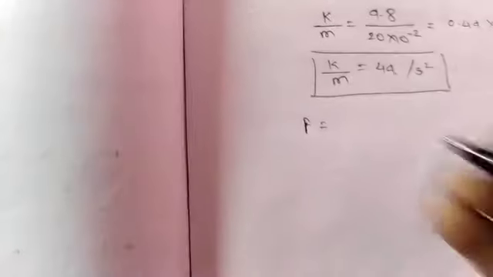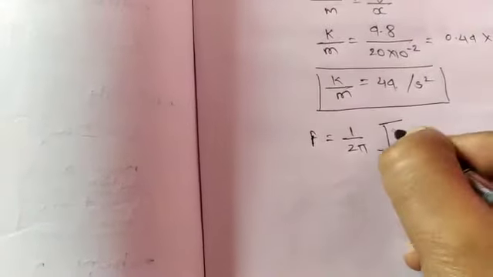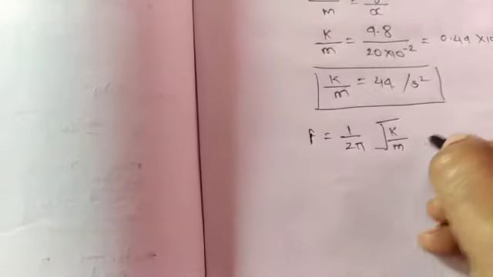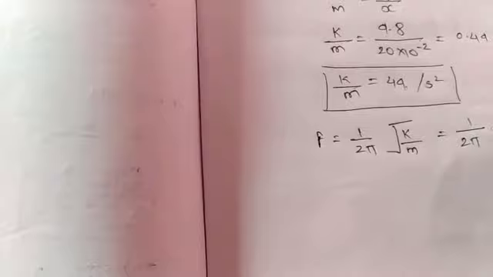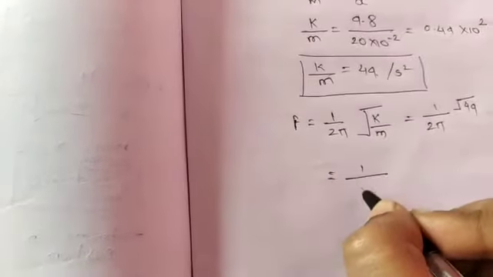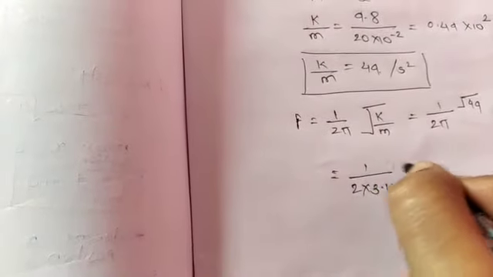Then we have the formula for frequency. F is equal to 1 upon 2 pi root of k by m. That is 1 by 2 pi, and k by m is root of 49, so we can write 2 into 3.14, and root 49 is 7.